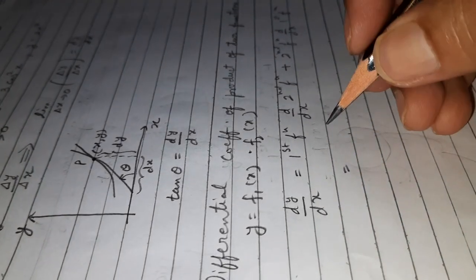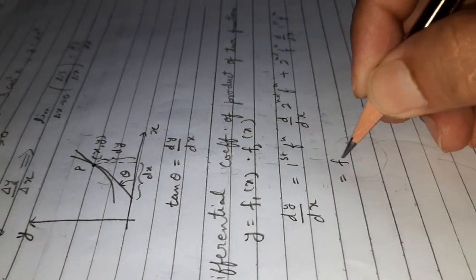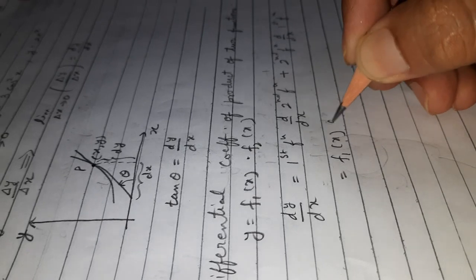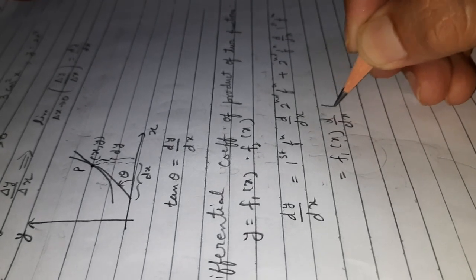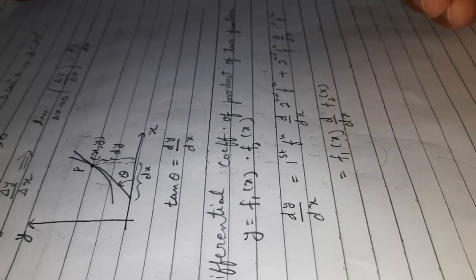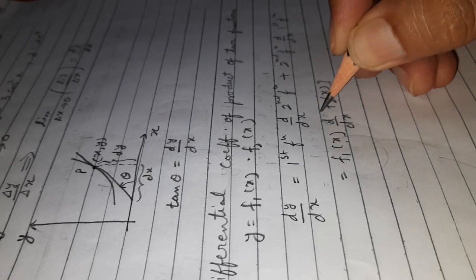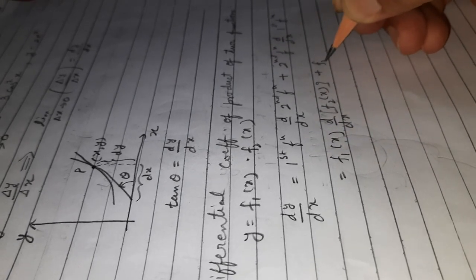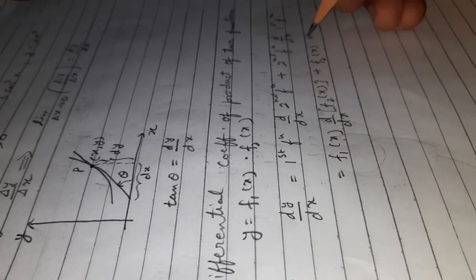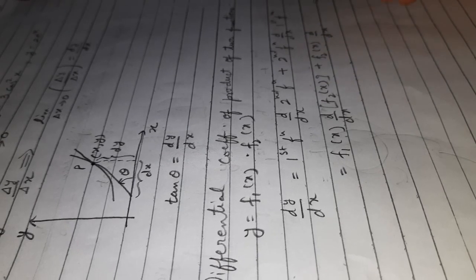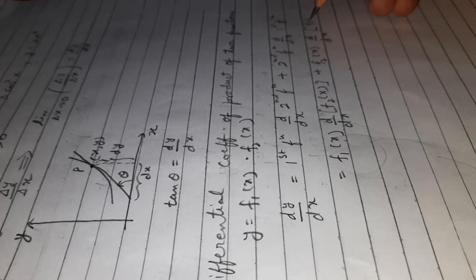That means f1(x) d by dx of f2(x) plus f2(x) d by dx of f1(x).